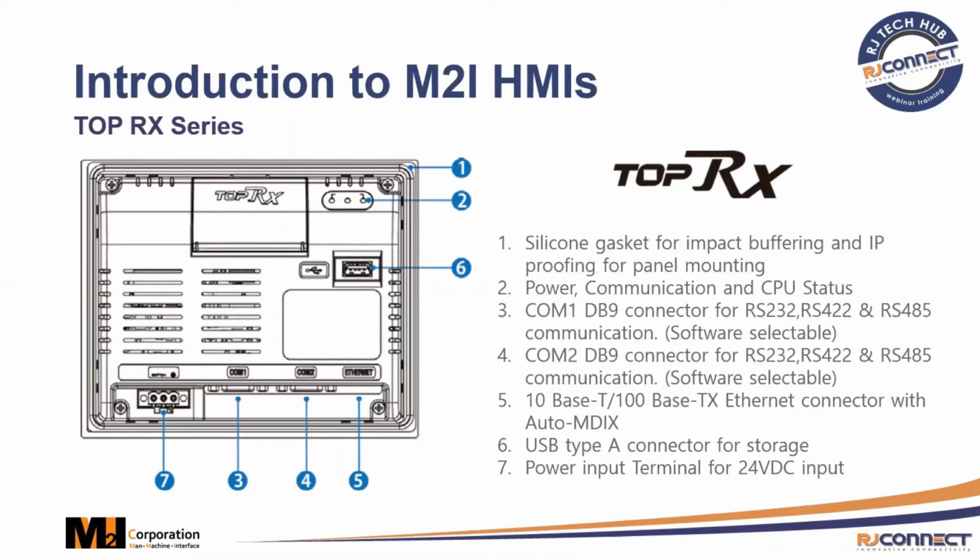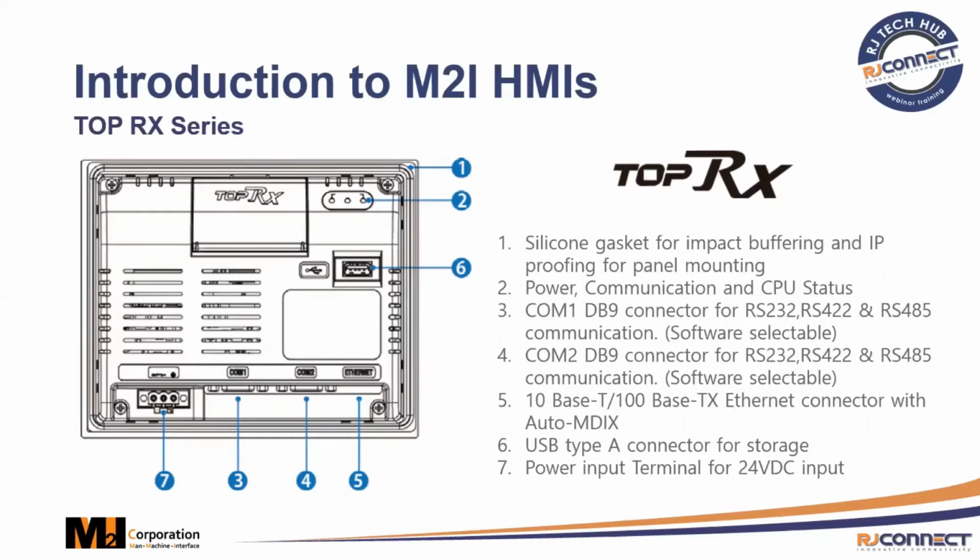Power, communication and status LEDs are also at the back, so that you can see where the communication is working, your device is powered, as well as the CPU status. They come with a variety of communication ports. Depending on the model you choose would depend on how many COM ports and Ethernet ports the device has. Typically, they come with 2 COM ports and 1 Ethernet port, but it depends on the size of the unit.